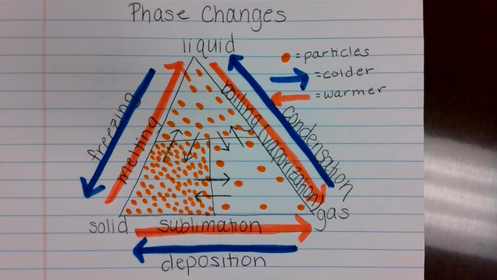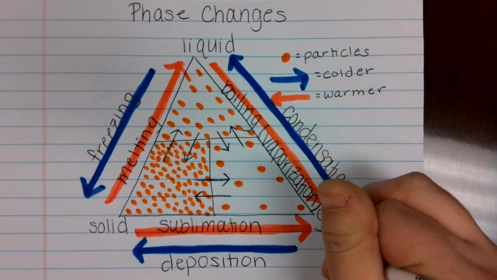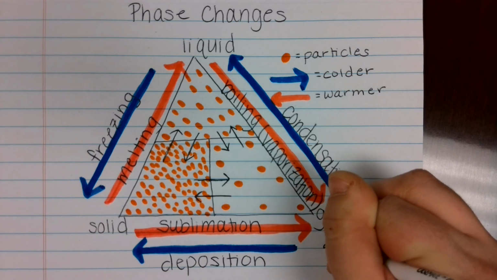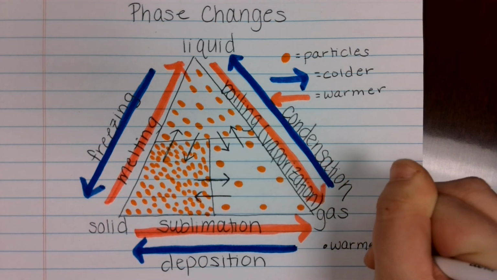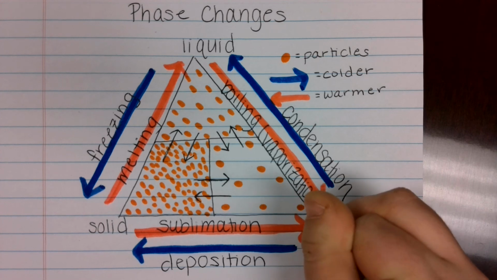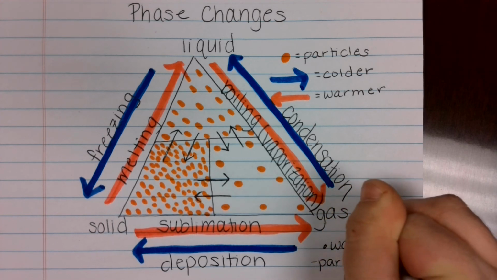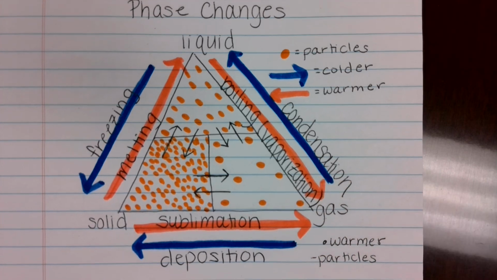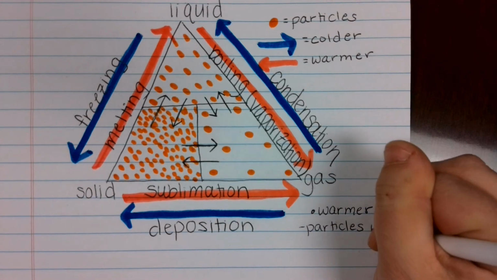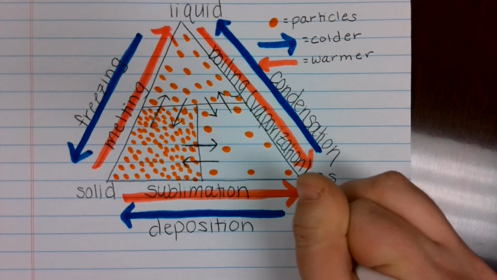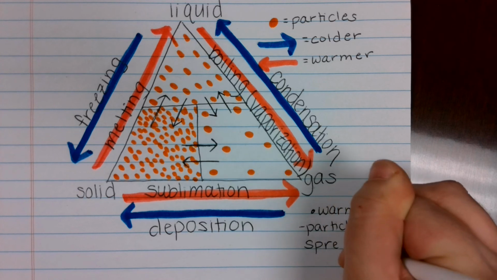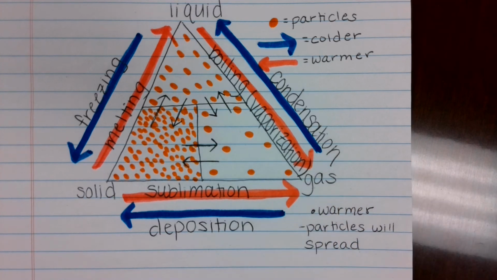Now, I will give you one secret. If it's warmer, your particles are going to spread. Think about it like in the summer. You don't want to be super close to people.